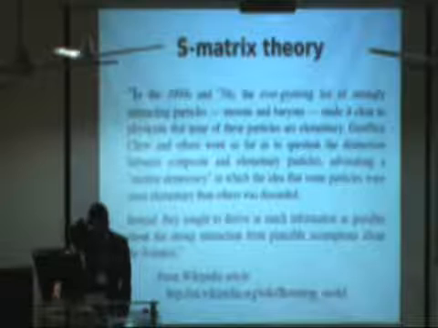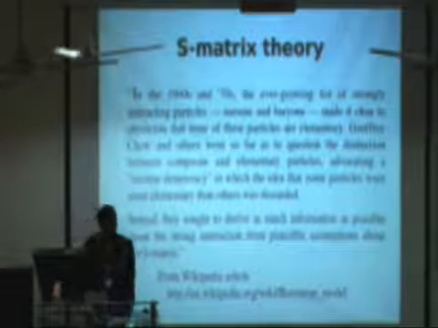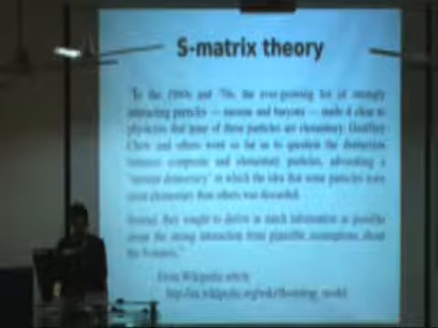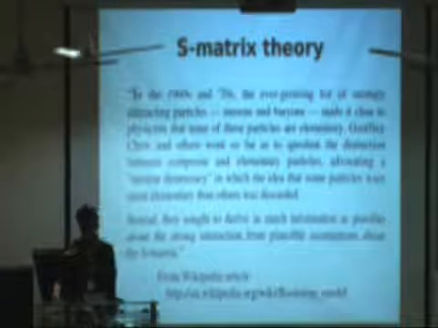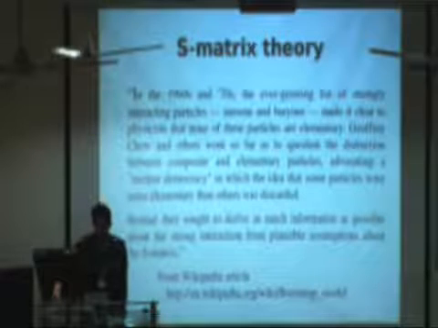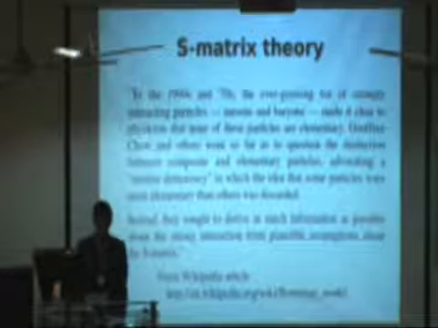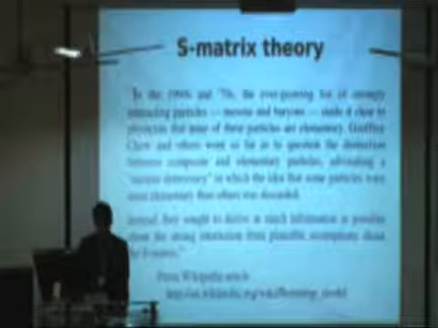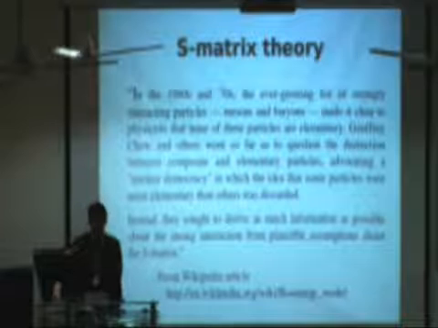Since all we're interested in is the initial and final states, there was an approach in the 60s, because there was an ever-growing list of strongly interacting particles, to simply define an S matrix telling you the results of scattering experiments, and forget about any underlying quantum theory from which you would derive this matrix.